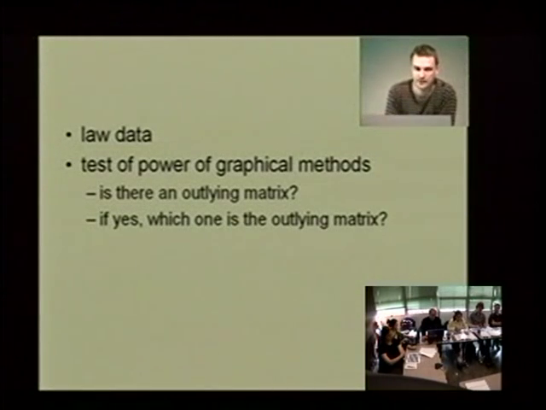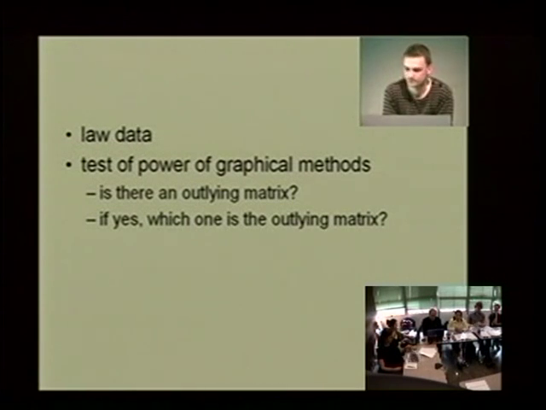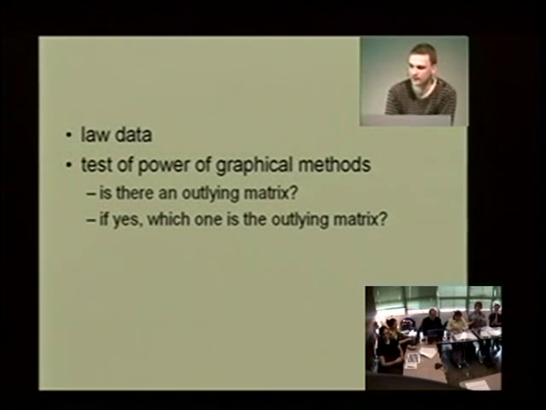So then I did the same thing for the law data, where there were only 5 items, and now I have a kind of a task, or a question, for you. I want to test the power of these graphical methods.